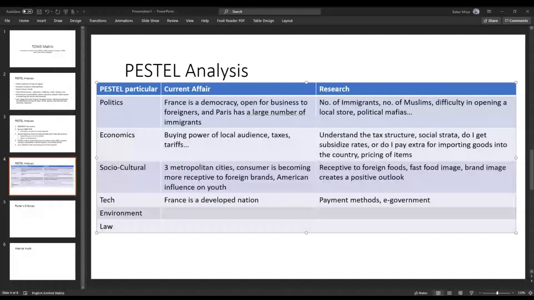Let me share the screen again. Let me stop this part. Let me share my screen. Share application screen, application. Share. Can you guys see?